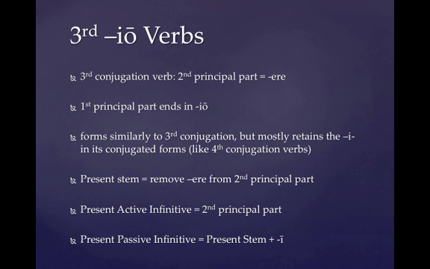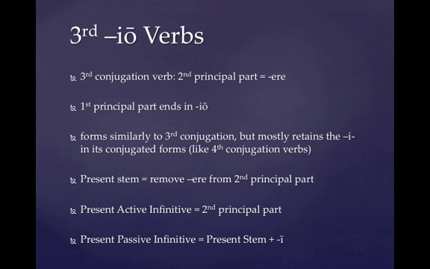One way in which it behaves like a third conjugation verb, like you already know, is how it forms its present stem. You remove the entire ere from the second principal part to get the present stem, just like you do for all third conjugation verbs, which means you have to provide a vowel in order to form the present active and present passive indicative, because the present stem does not end in one.